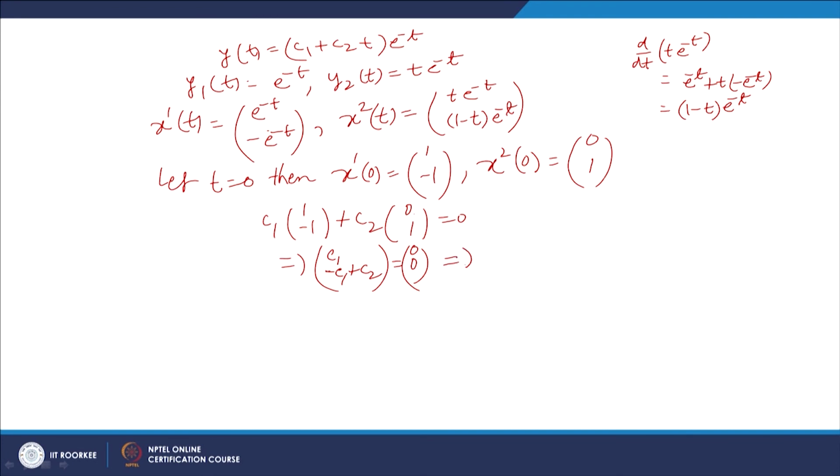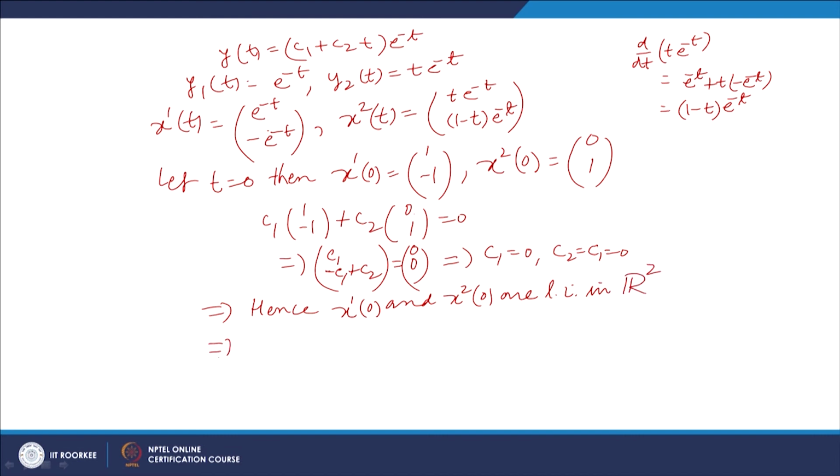This implies C1 is equal to 0 and C2 equal to C1. Since C1 is 0, C2 is also 0. So C1 and C2 are both zero, and hence x1(0) and x2(0), the two vectors, are linearly independent in R2.